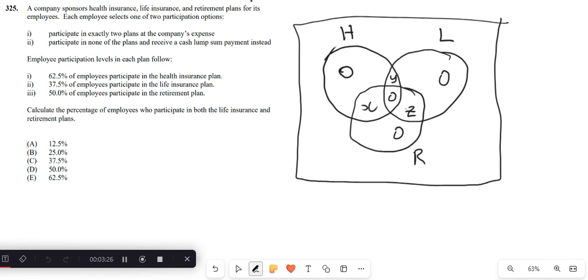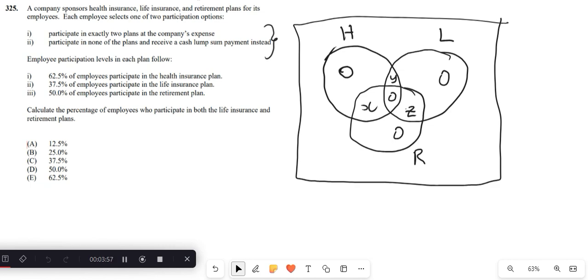Pay close attention to the information here. It says persons may participate in exactly two plans at the company's expense, or they may participate in none of the plans and receive a cash lump sum payment instead. So you can only participate in exactly two, or exactly none.